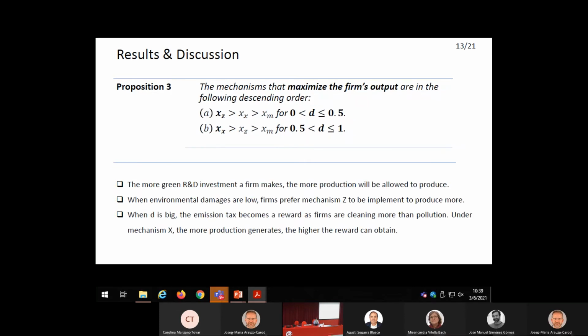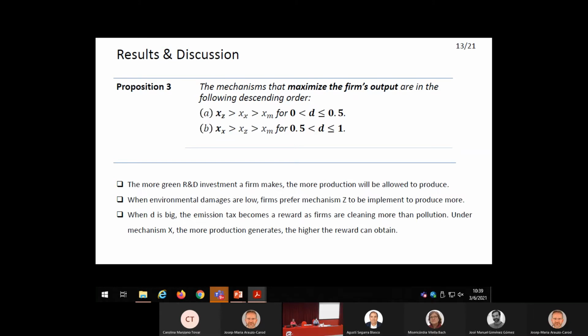From proposition 3, remember the logic of mechanism Z, it is the higher the firm's green R&D investment, the more production they can be allowed. So when environmental damage is low, mechanism Z is the first best to achieve the maximum production.